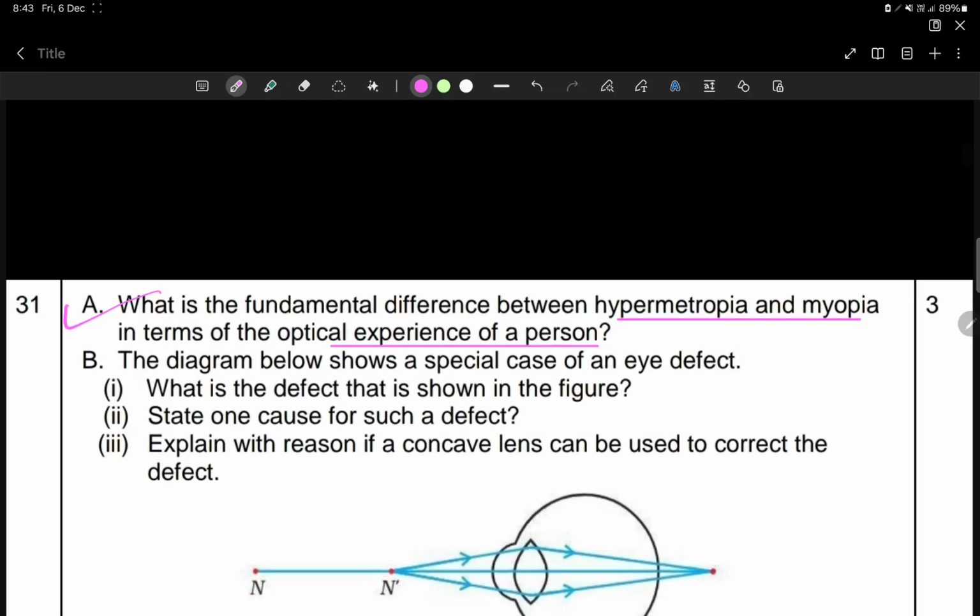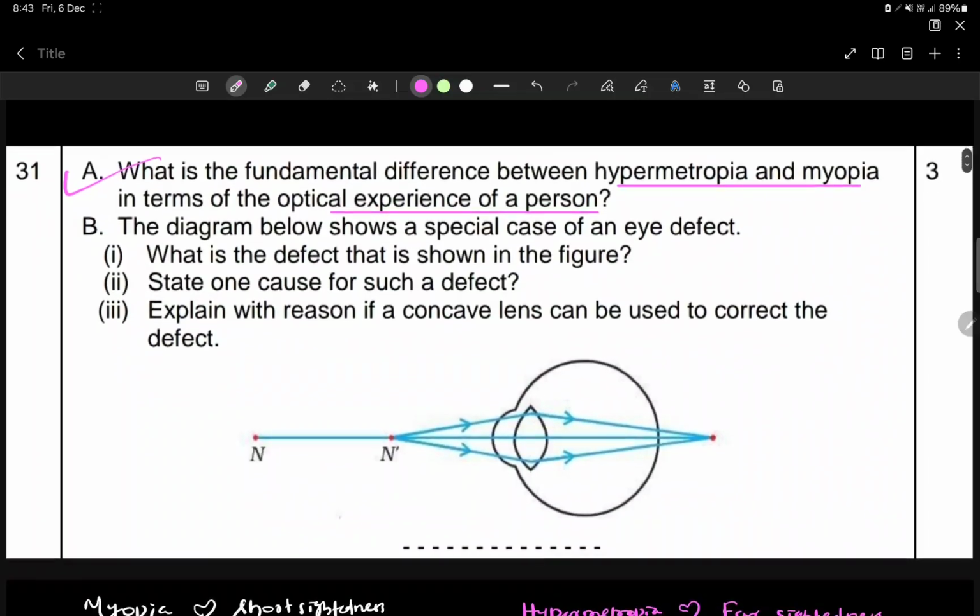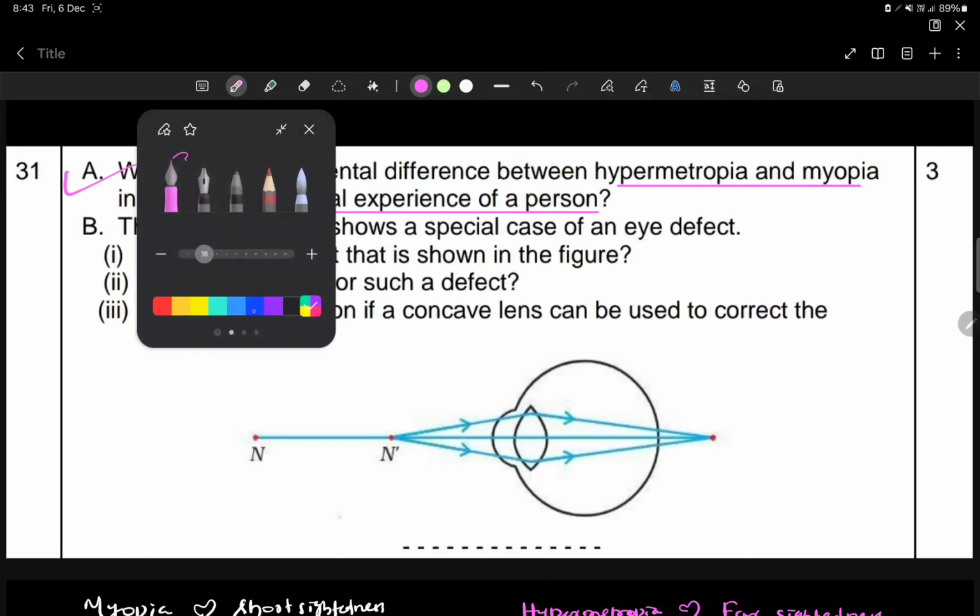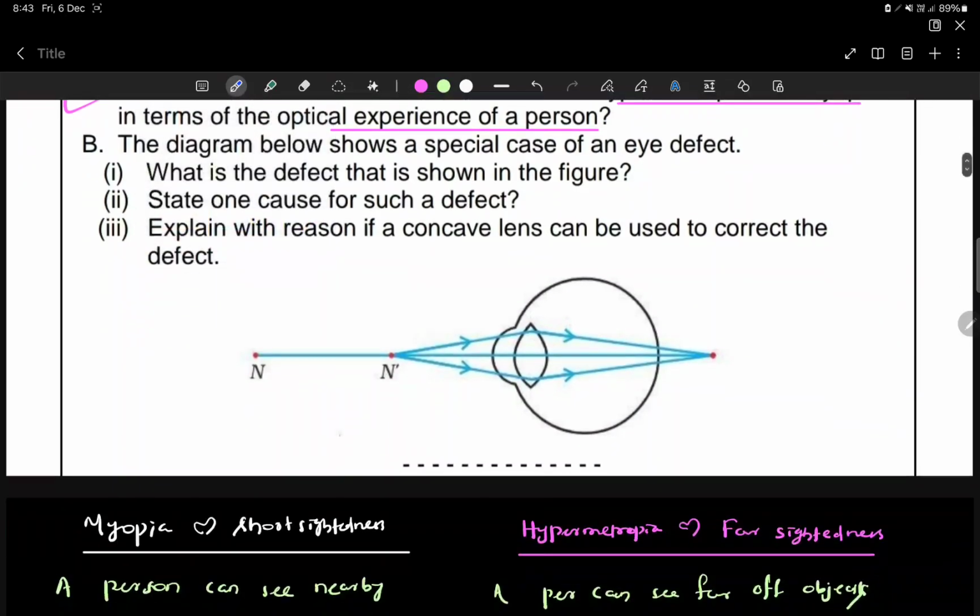Next question is, the diagram below shows a special case of an eye defect. What is the defect that is shown in the figure? Look at this figure. As per this figure, this point represents our image. In this figure, image is formed behind the retina. That means this defect is hypermetropia.